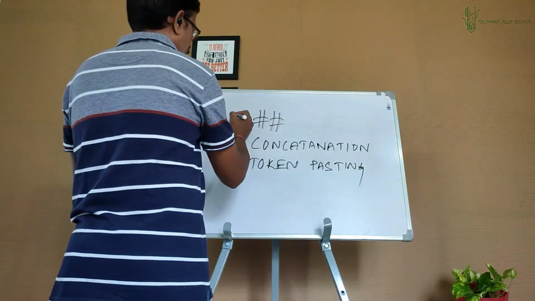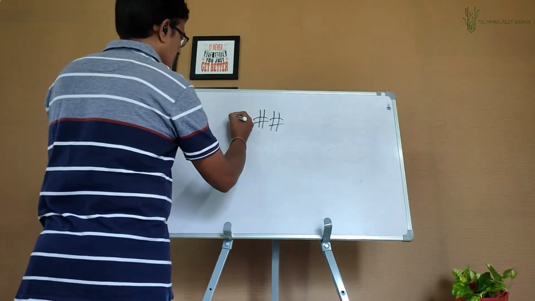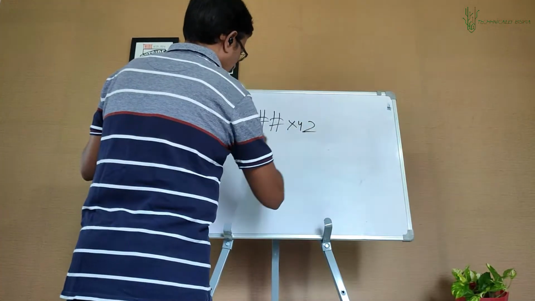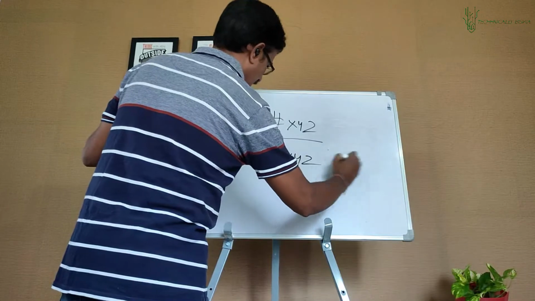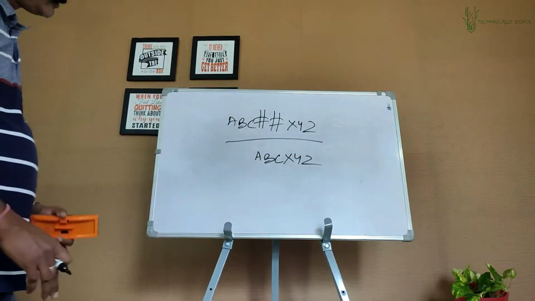Simple. What it does, suppose on both sides of double hash, you say ABC here, you say XYZ. The result will be ABCXYZ. It simply pastes the tokens together. Have a look at the example.